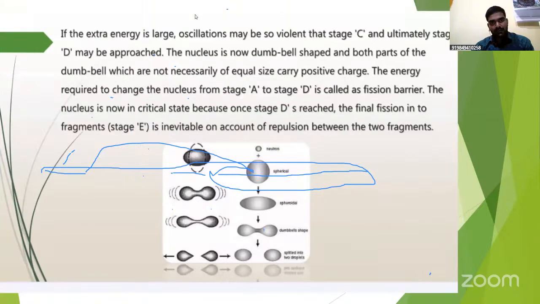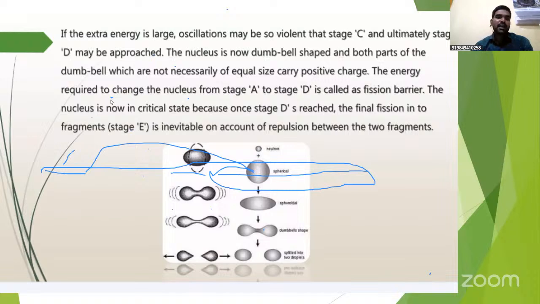Next, let us see this one. Here, if you see, if the extra energy is large, oscillations may be so violent that stage C and ultimately stage D may approach. The nucleus is now dumbbell shaped, and both parts of the dumbbell, which are not necessarily of equal size, carry positive charge.